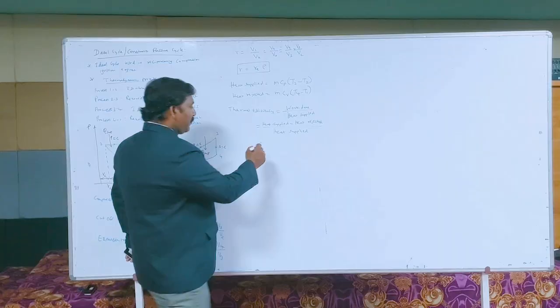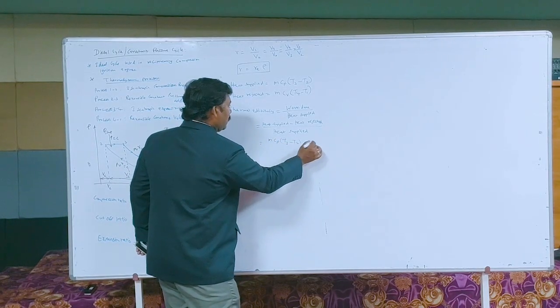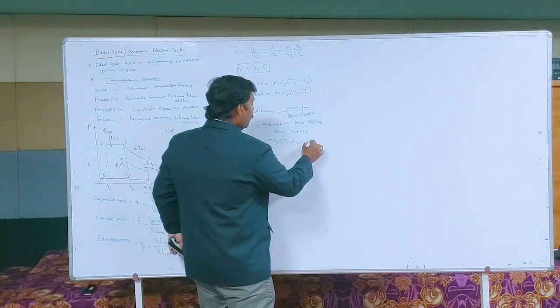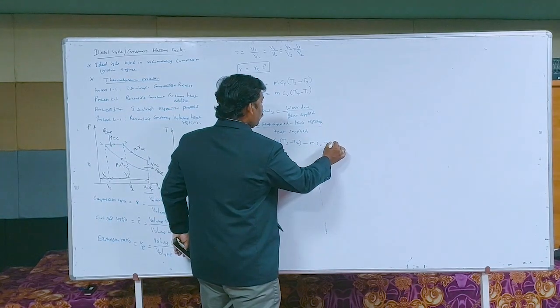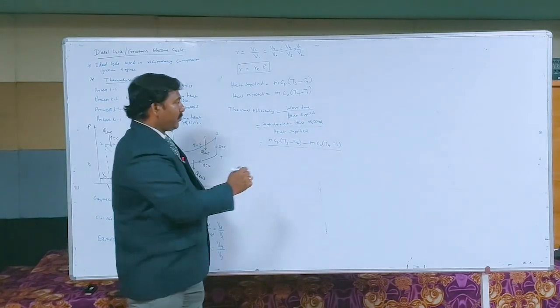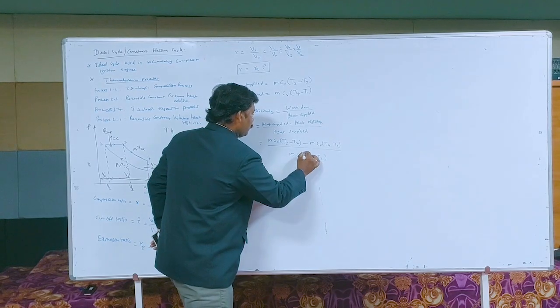The heat supplied is m into Cp into T3 minus T2, and heat rejected is m into Cv into T4 minus T1, divided by the heat supplied, mCp into T3 minus T2.